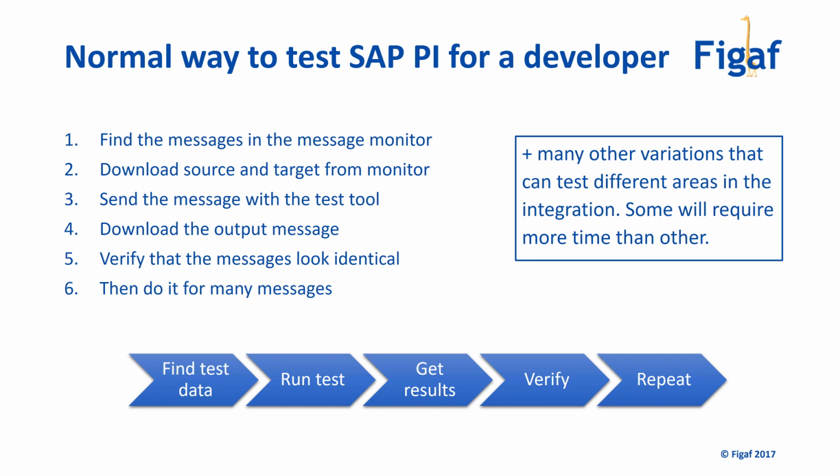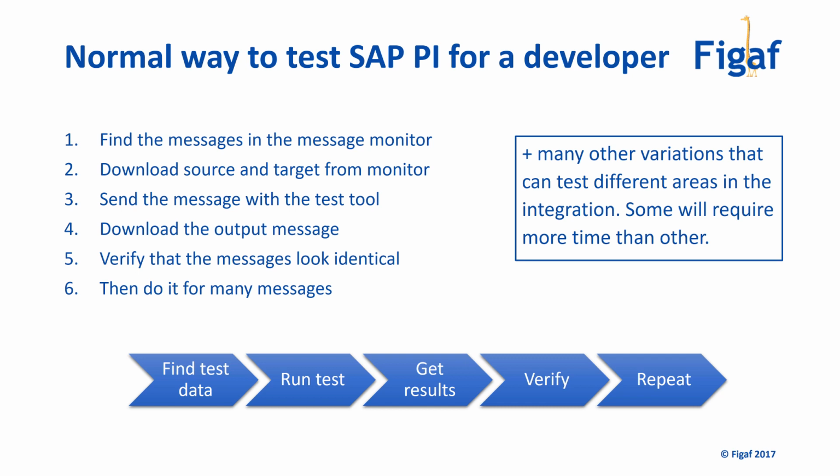He would download the two output messages, and then he would verify that those look identical. And then obviously this needs to be done for a lot of messages. And when you're verifying, you cannot just do a one-to-one comparison, because there are counters and date formats in it that change, and you need to account for that.